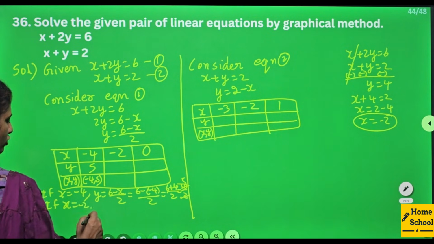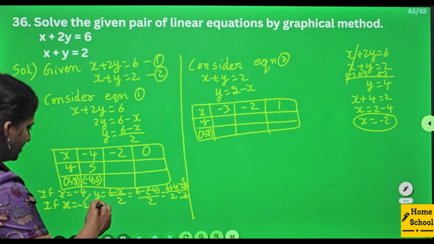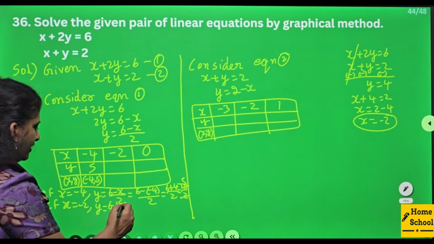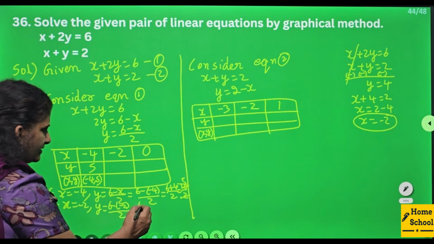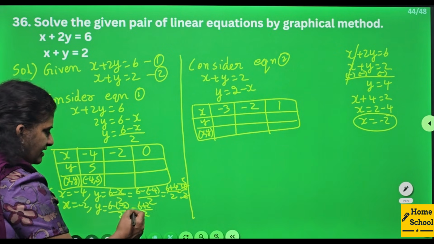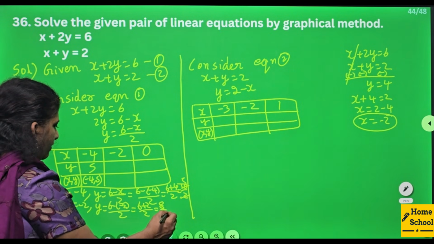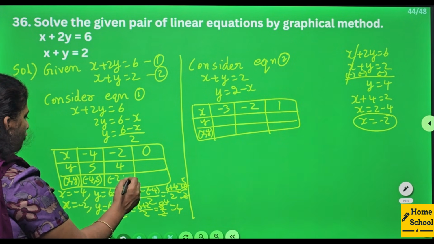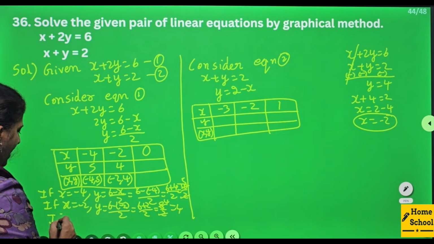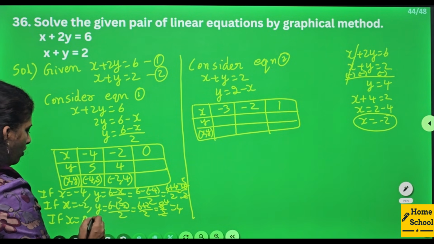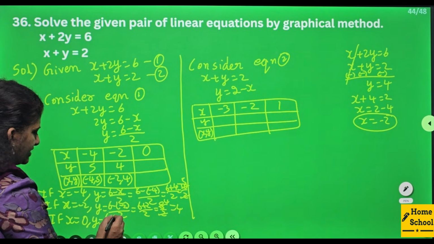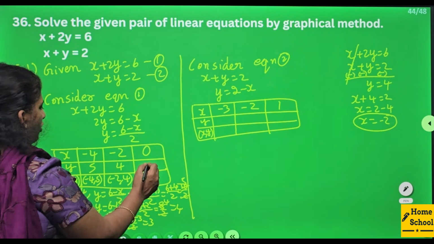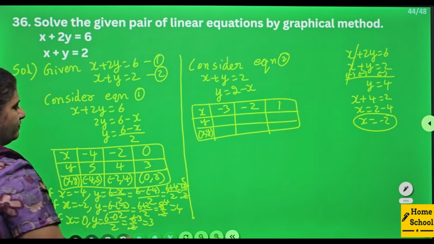If x is equal to minus 2, y is equal to 6 minus minus 2 by 2, that is 6 plus 2 by 2, minus into minus is plus. 6 plus 2 is 8, 8 by 2 is 4. Minus 2 comma 4 is the coordinate. If x is equal to 0, y is equal to 6 minus 0 by 2, that is 6 by 2 is 3. Therefore, the coordinate is 0, 3.